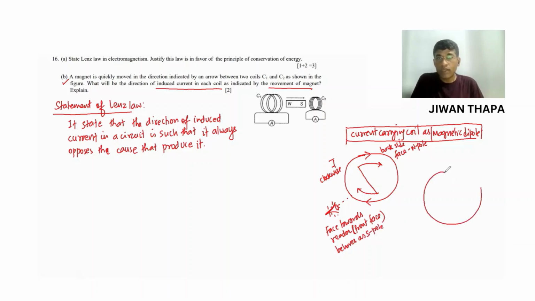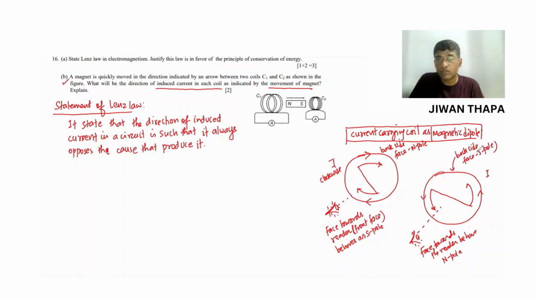Now if we have current flowing in anti-clockwise direction, and we are watching from this side, then the face towards the reader, or front face, behaves as north pole, and the back side face behaves as south pole.